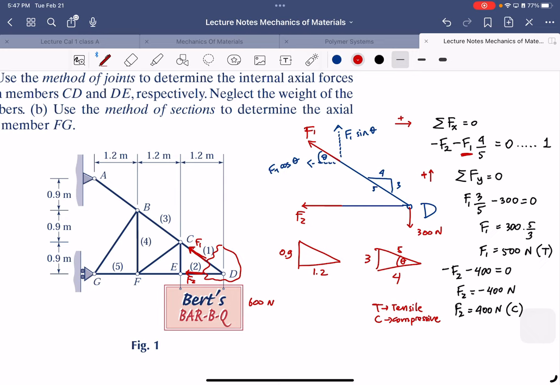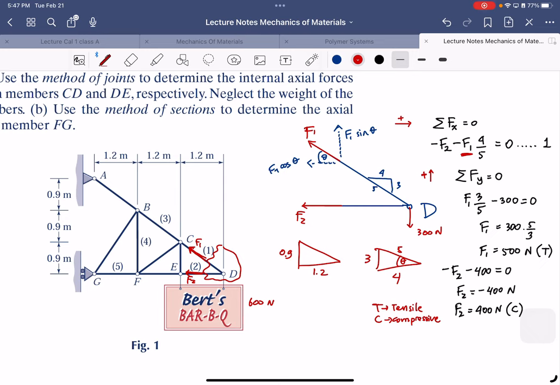So for the method of sections, basically, you are going to cut the sections. In the first part, we cut only the joints, one joint here. This time, we are going to cut the sections. So how are we going to cut? This is FG. So we cut here.